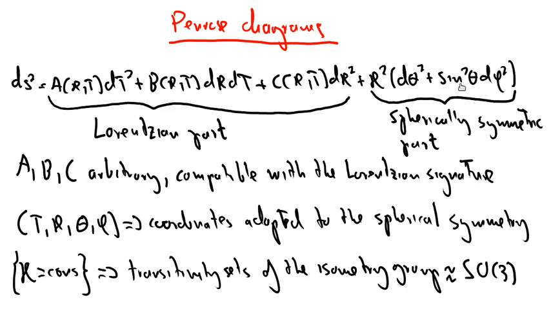If we take R constant, this is the metric on the two-dimensional sphere. Okay, so this is the general structure of a spherically symmetric spacetime in dimension 4.